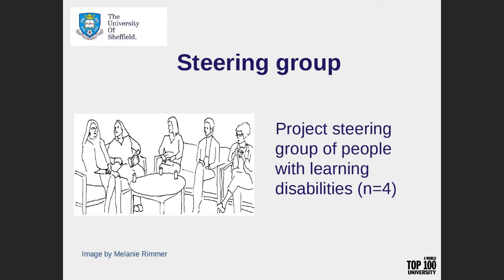myself and the research associate working on the project planned how we were going to collect data from people with learning disabilities. We decided on focus groups, on individual interviews, and we discussed that with the steering group so that they could comment. They could comment on the sorts of things we might want to ask.